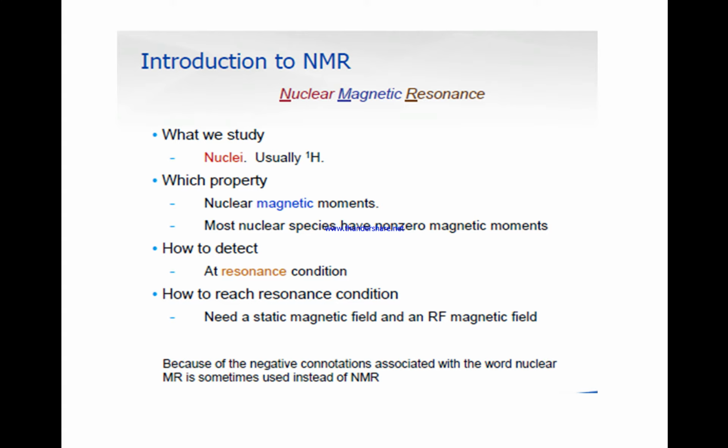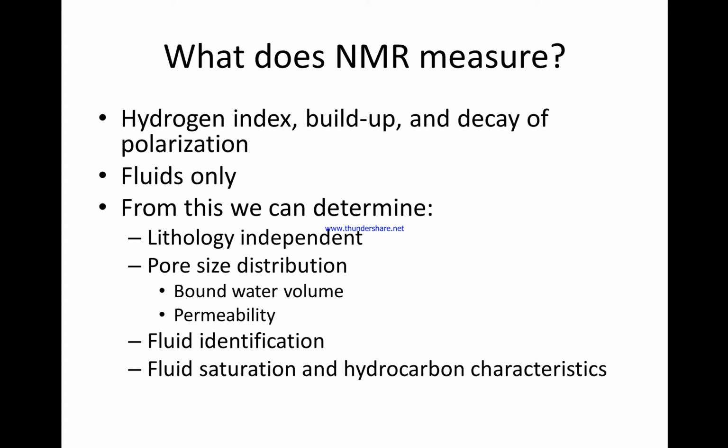How do we detect? We detect at different conditions. We cannot measure anything for the hydrogen index in equilibrium or in the relaxation phase. We have to hit it with a frequency, give it some power, to maximize the resonance and maximize the signal, and then you can measure it. What does NMR measure?